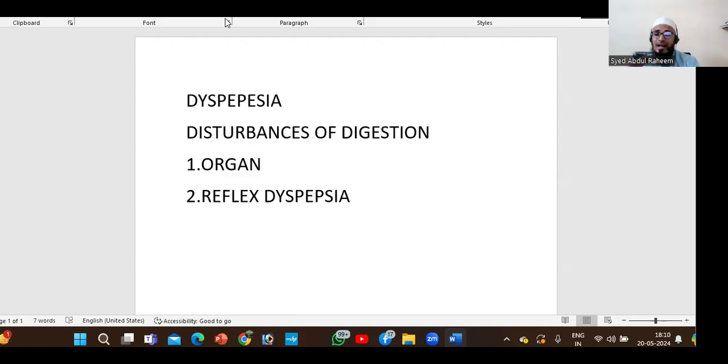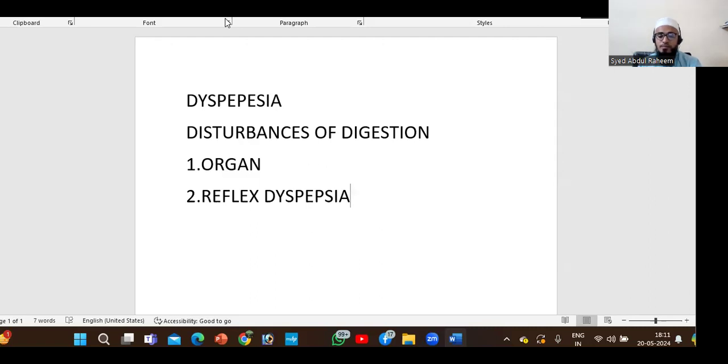It is due to other related diseases, like cholecystitis, inflammation of the gallbladder, pancreatitis, or any infection in the stomach or in the intestine, like worms, amoebiasis, fungal infection. So this is called reflex dyspepsia.